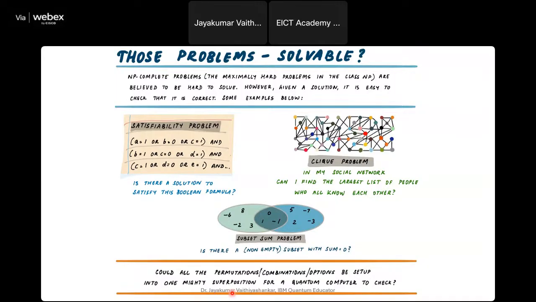But only a few, and that also is at R&D level. You cannot solve all NP-hard problems using a quantum computer. We'll discuss which problems are possible and feasible.